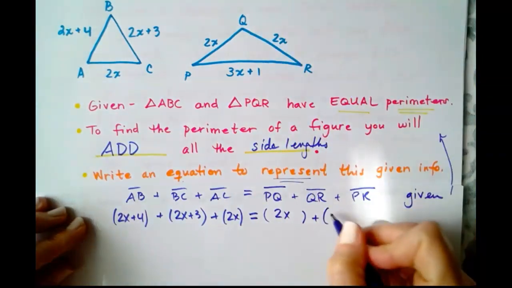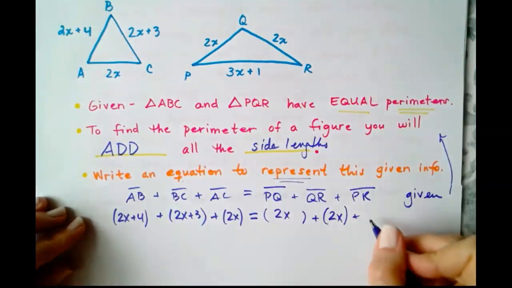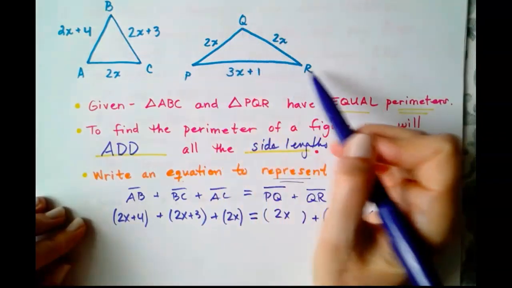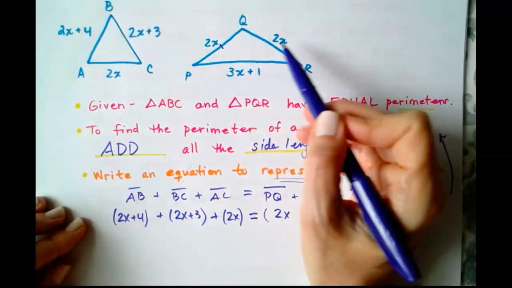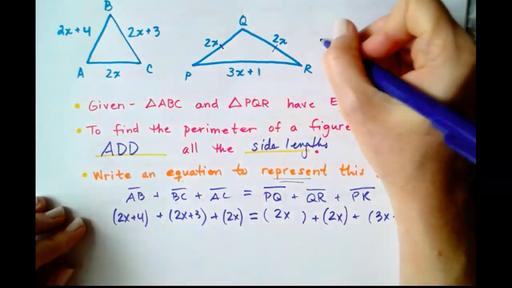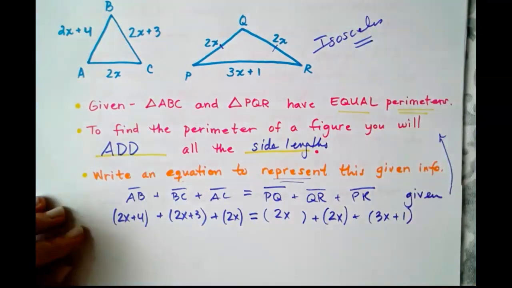QR is 2x. And PR is 3x plus 1. And I see in PQR, if these two sides are both 2x, that means that we have an isosceles triangle. We learned about that in one of our previous lessons.